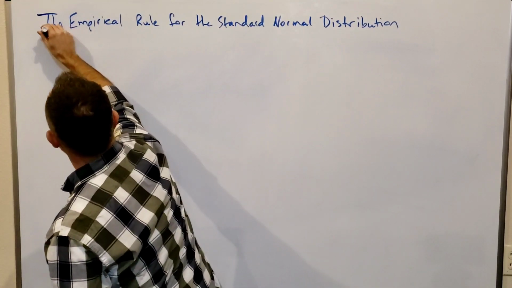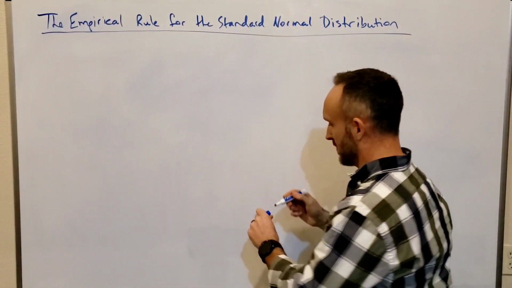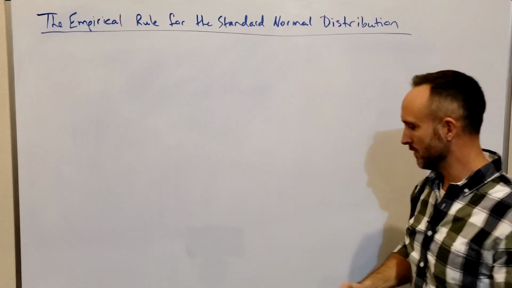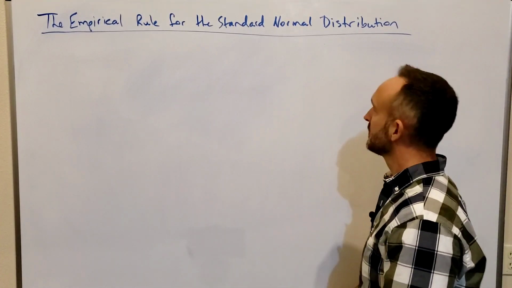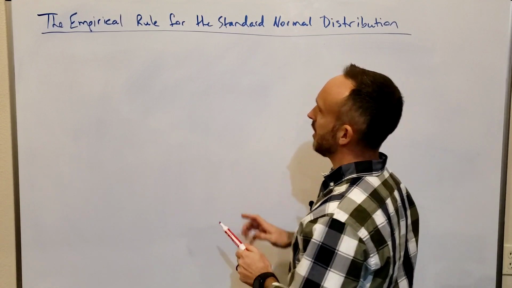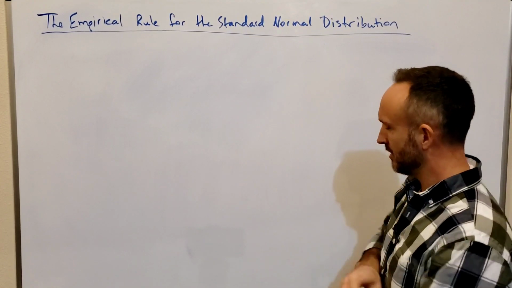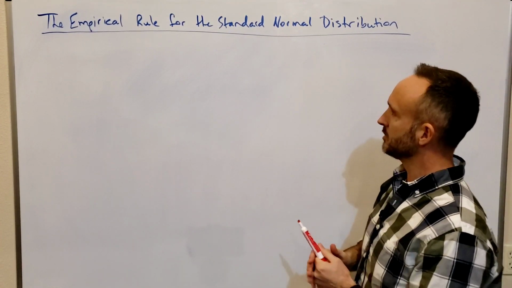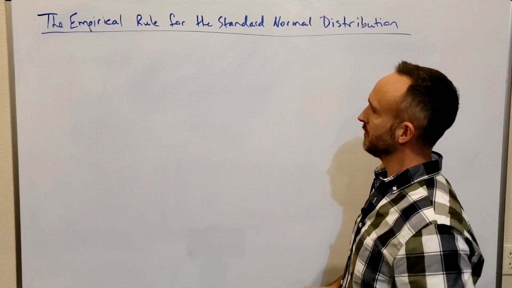This is a very visual exercise, and it gives you an intuition for the normal distribution. The empirical rule often has another name, and I'll mention that briefly in a moment. As I introduce it, I'll give you the other name.